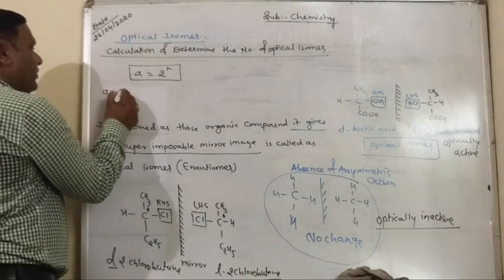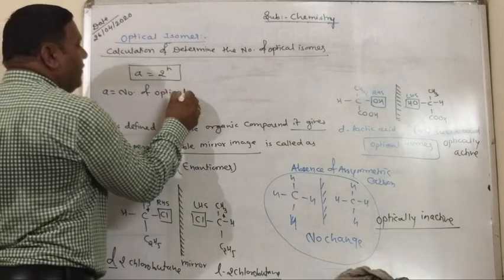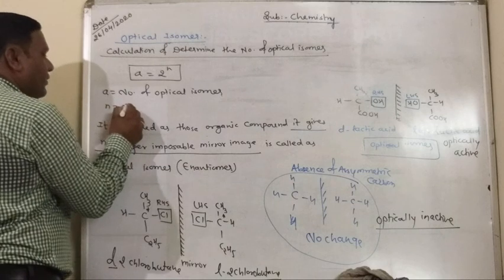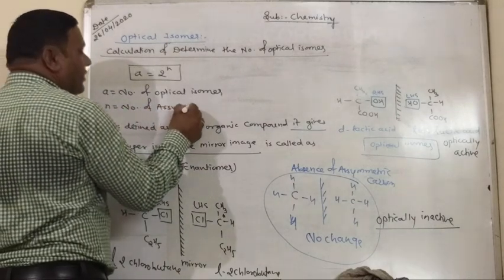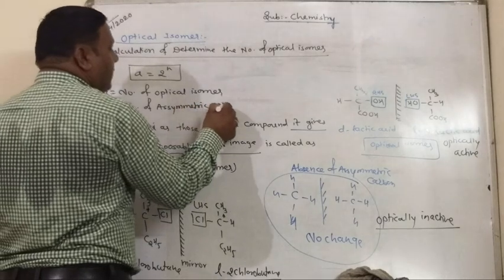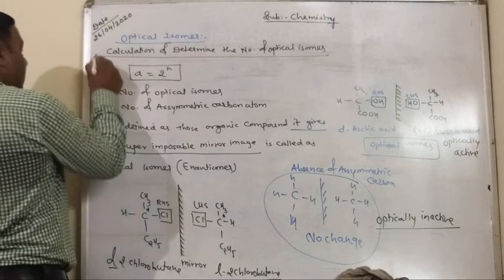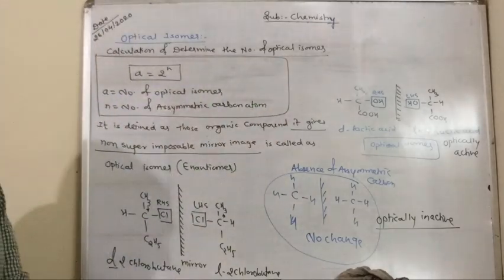Here A is the number of optical isomers and n is the number of asymmetric carbon atoms, or the number of chiral carbon atoms. So this is the important formula.